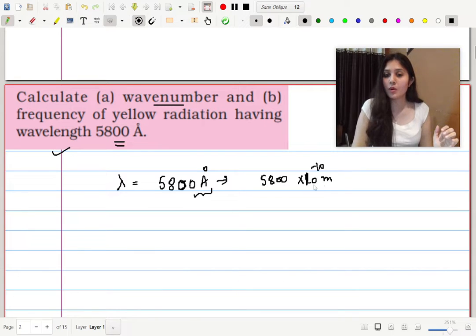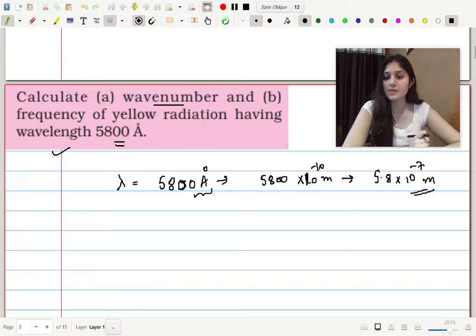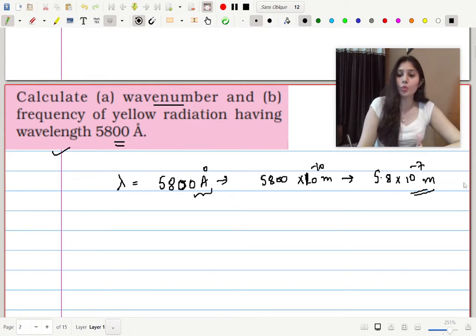Now also it seems a little awkward, so we can just convert it into scientific notation, and this becomes 5.8 into 10 to the power minus 7 meters. Clear? So this is something which seems a little approachable and a little comfortable, right? So we have the value of lambda, or wavelength, in meters now.